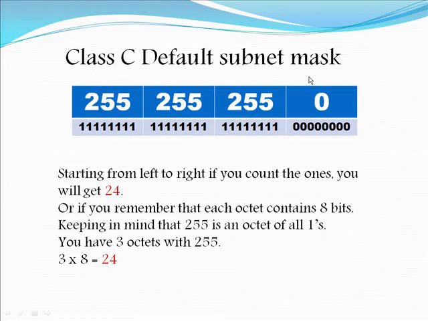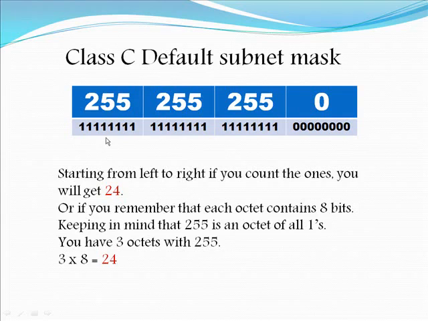Here's a Class C default subnet mask, what we were talking about earlier. As you see, you've got your 8 ones for your 255, and then your 0, which is your 8 zeros. Starting from left to right, count the ones and you will get 24. Since it's an octet, all you have to keep in mind is 255 is 8 ones.